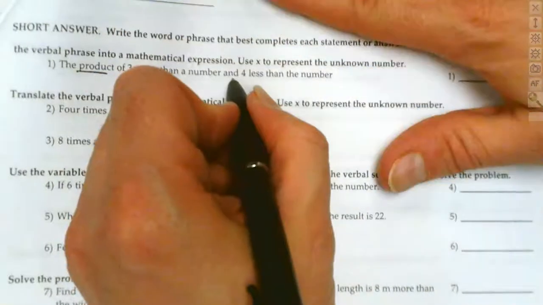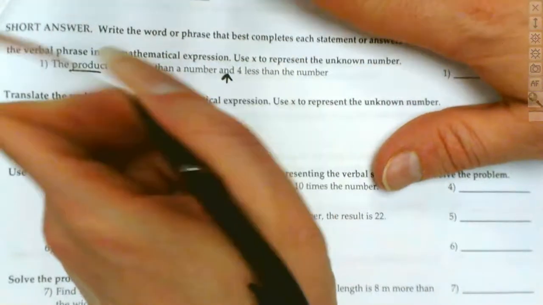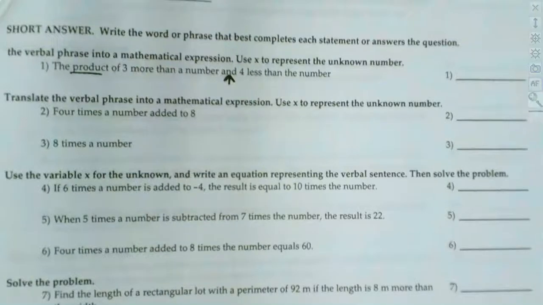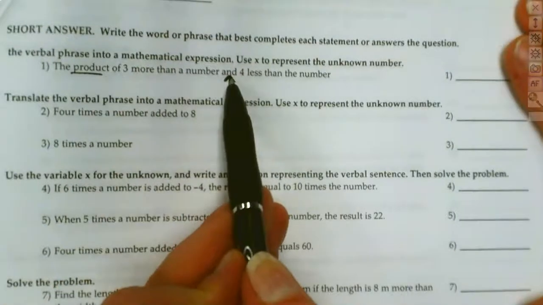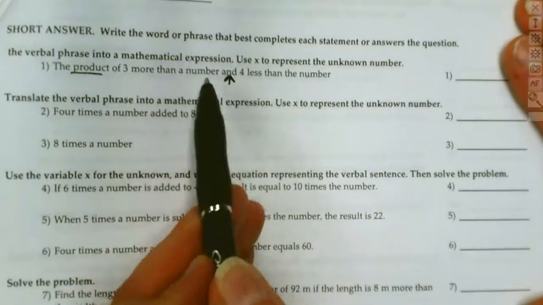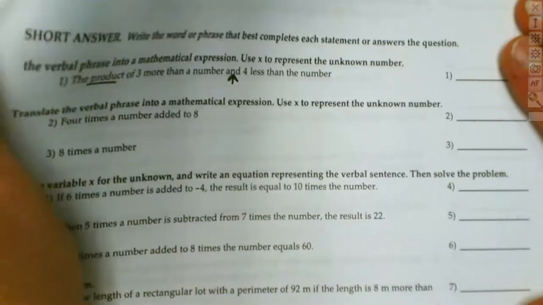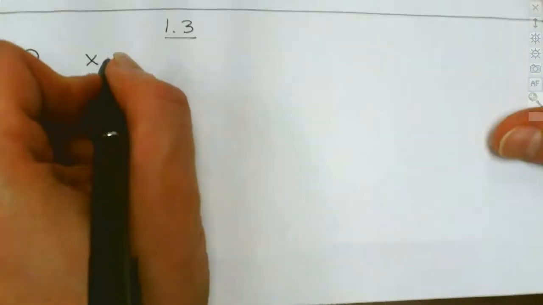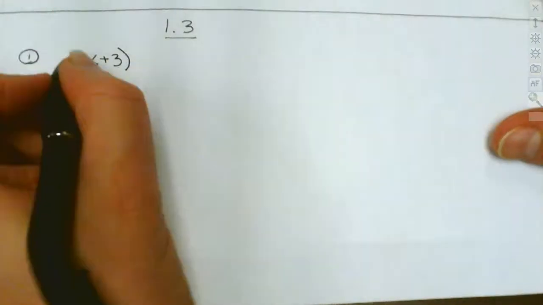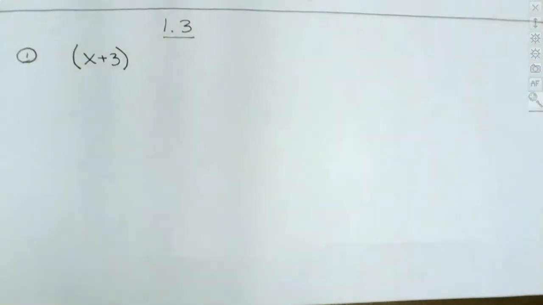Now, this "and" right here is going to separate out the 2 parentheses. So product means multiply, goes with the "and." 3 more than a number. So break it up. 3 more than a number. What would that be? 3 more than a number would be x plus what? X plus 3. So that's 3 more than a number. Now the "and" is going to separate the parentheses.